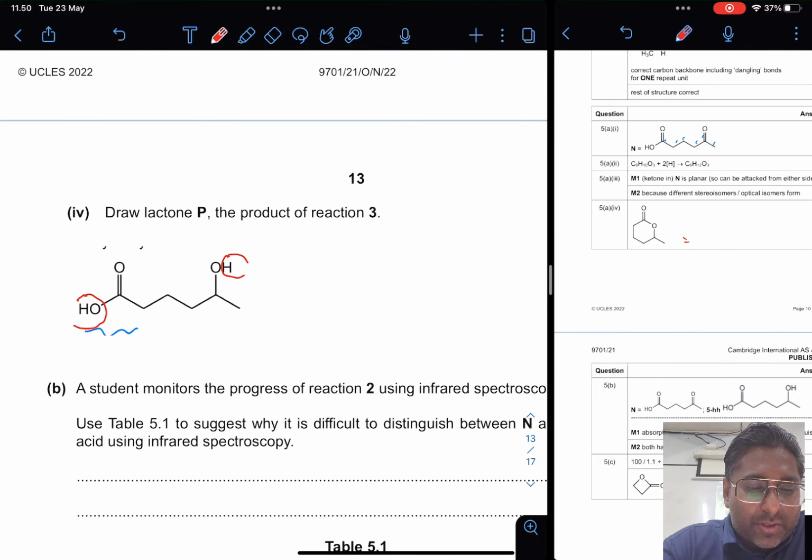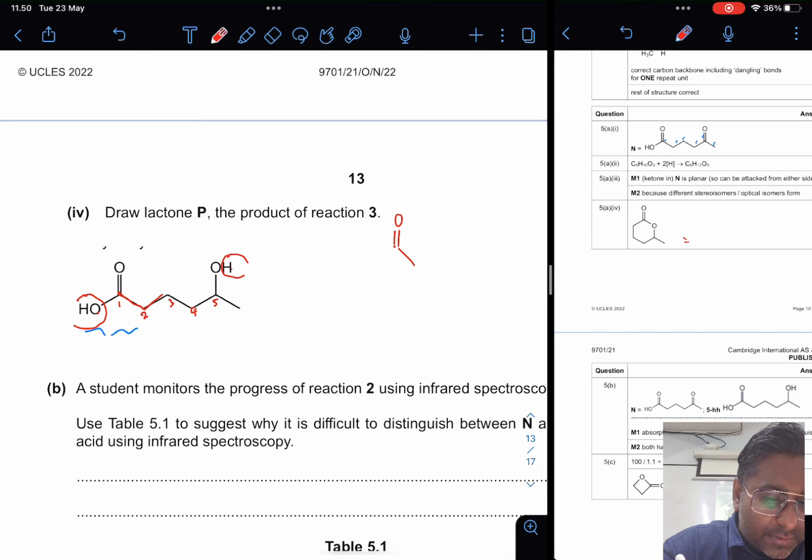So we are going to have carbon, this carbon has a double bond O, and then there is one more carbon, 1 2 3 4 5. After that, this hydrogen will come over here, and they will close the cycle, they will form a cycle. So it's going to be 5 carbon. So let's put 5 carbon. So it means 1 2 3.